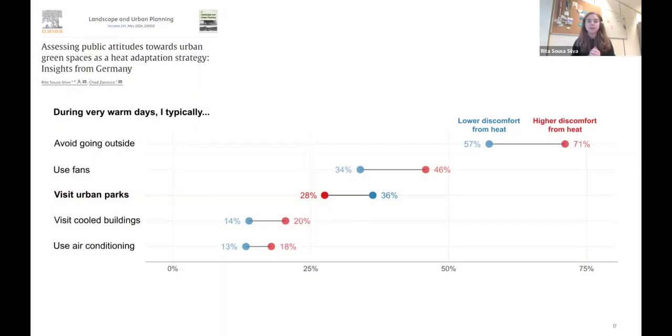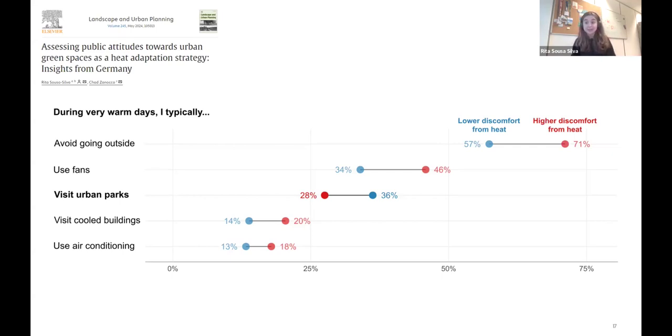And we did a little bit more. We gave them different options of what they would do when it gets really warm. And we split our sample into those that felt higher discomfort from it, and those that did not feel anything. And we noticed that people avoid going outside, which kind of makes sense. And it's also what the public health authorities sometimes tell people to do, to stay home.